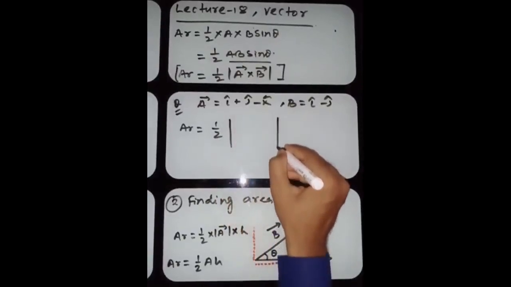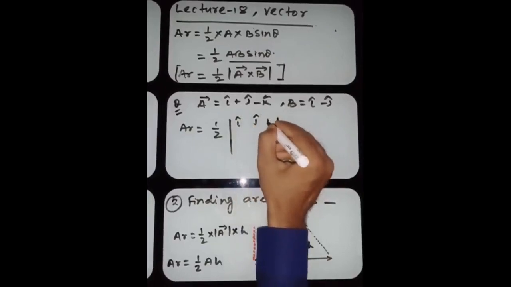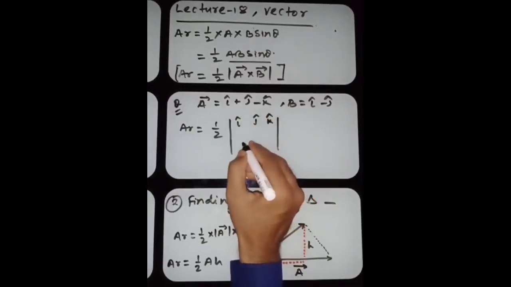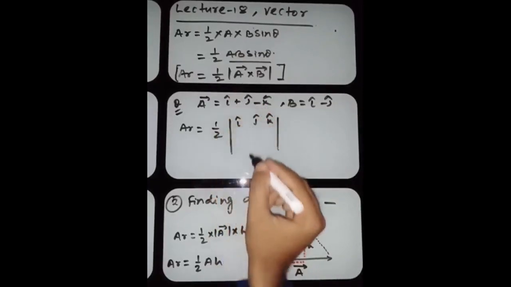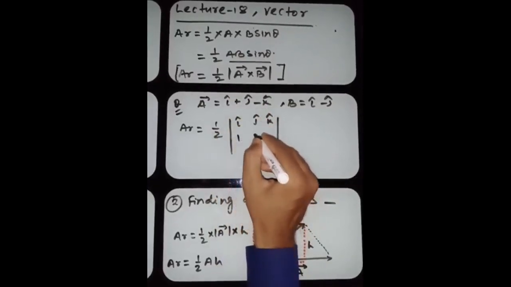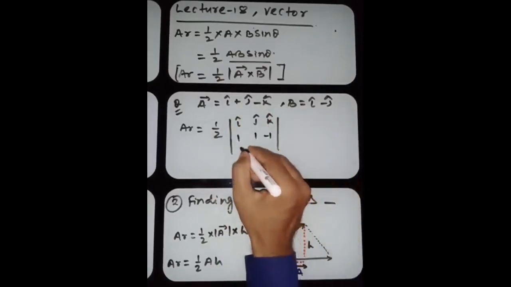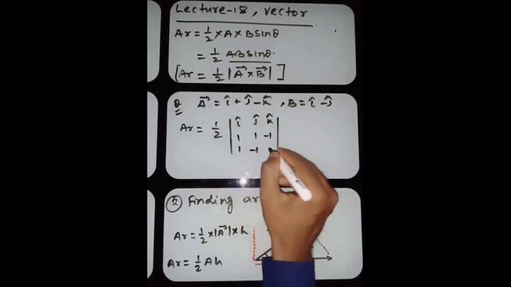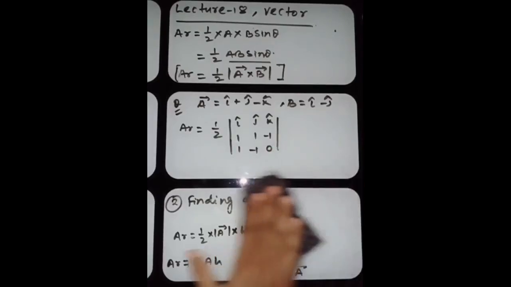You will use the determinant here easily: i, j, k. I hope you remember. Now put the coefficients. First the coefficients of A: 1, 1, minus 1. Now the coefficients of B: 1, minus 1 and 0. And then you will have the answer.